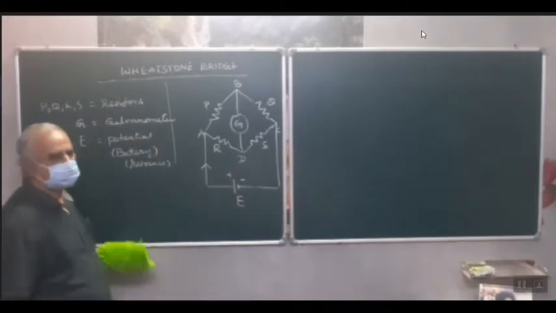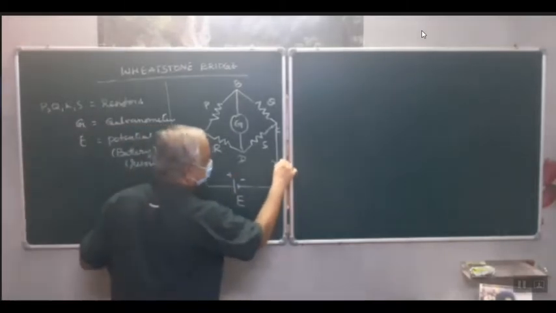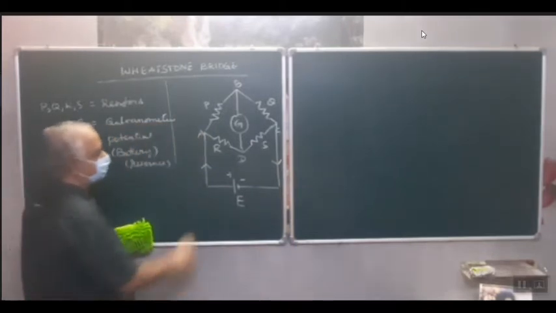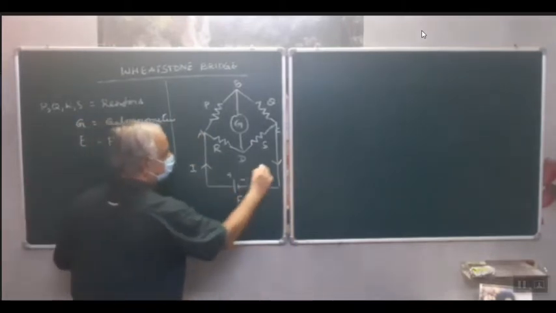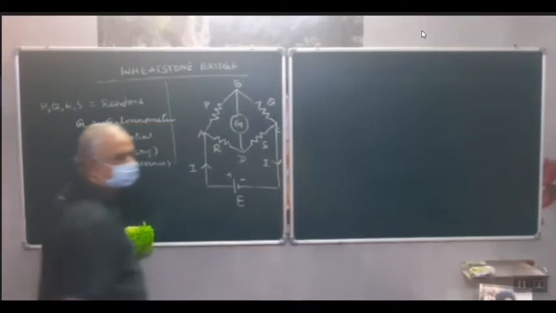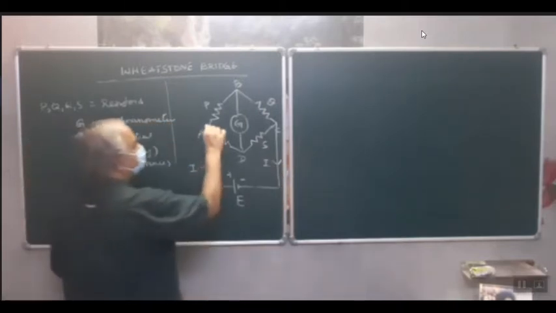We have positive and negative electrodes in the battery, and the current direction should be properly indicated. It is represented by I.